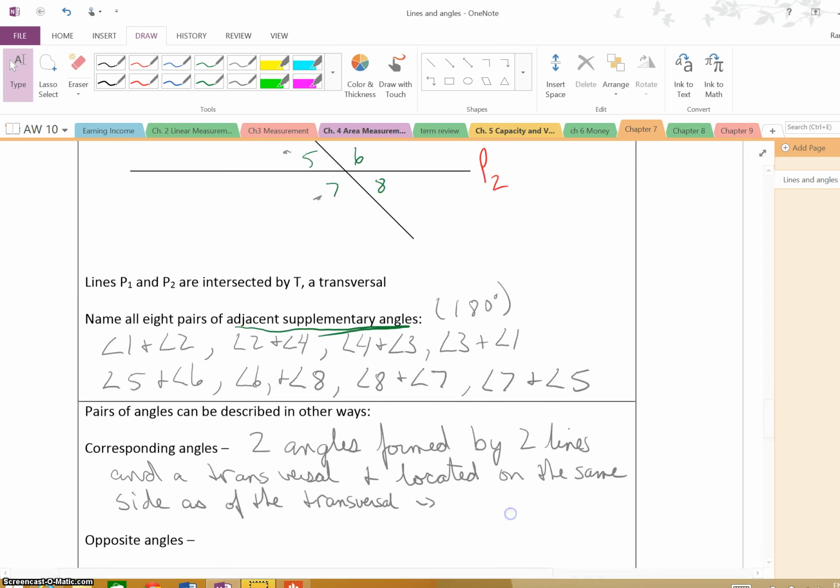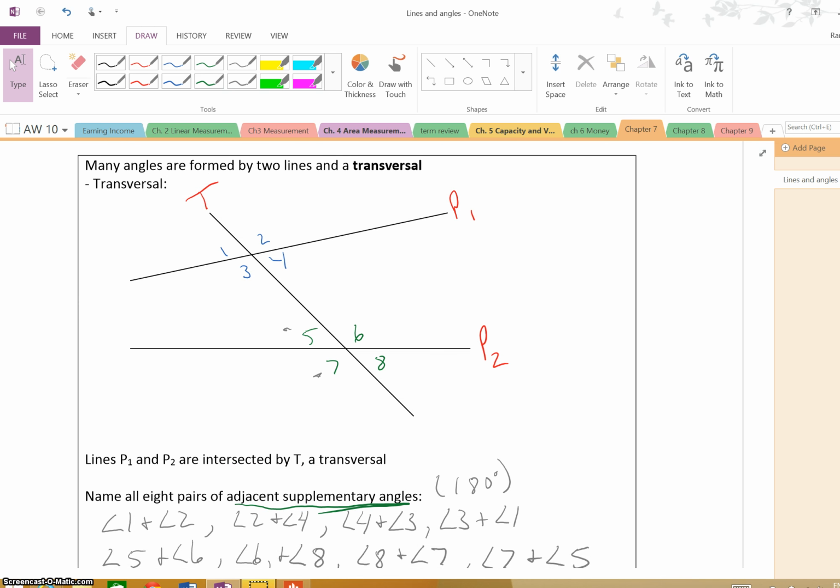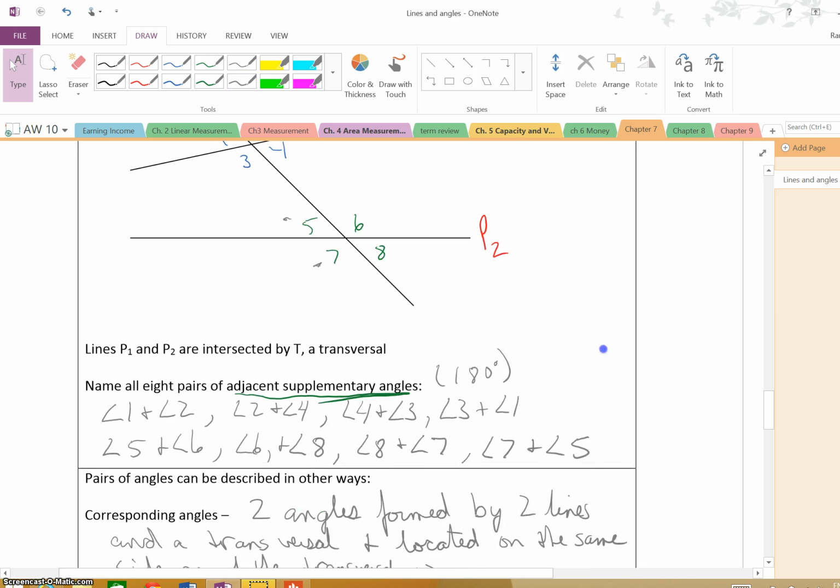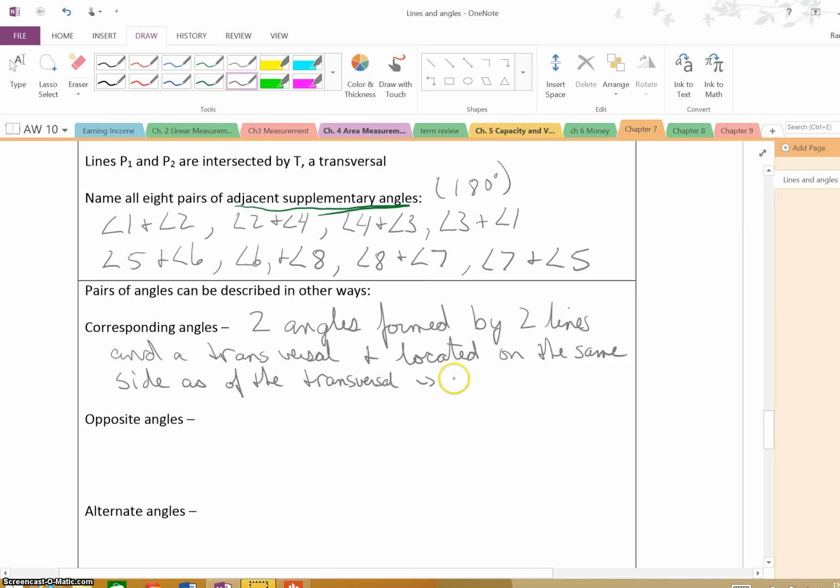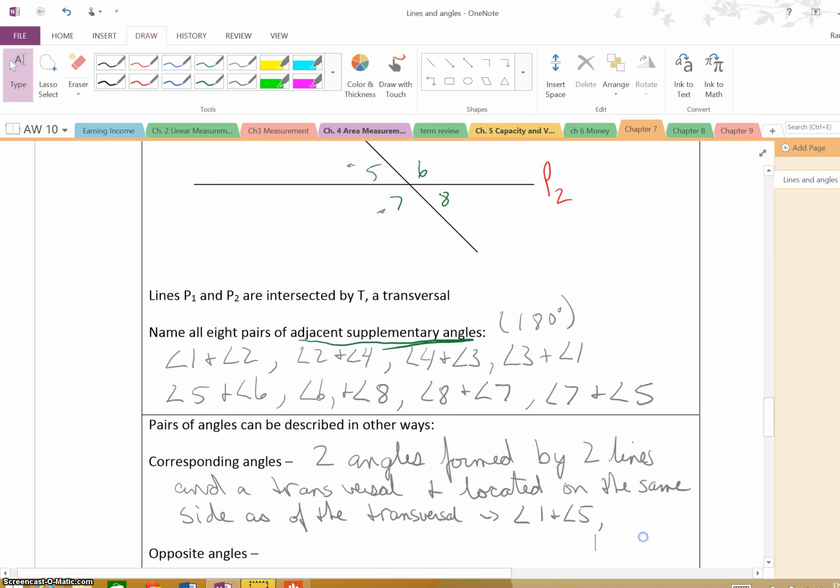So if we look at our diagram up above, angles 1 and 5 would be classified as corresponding angles because they are on the same side of the transversal.